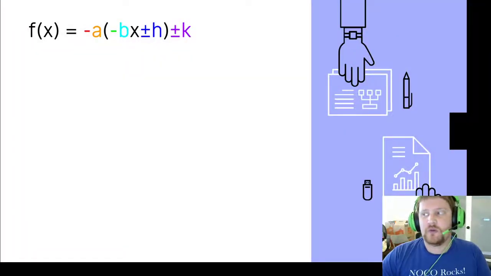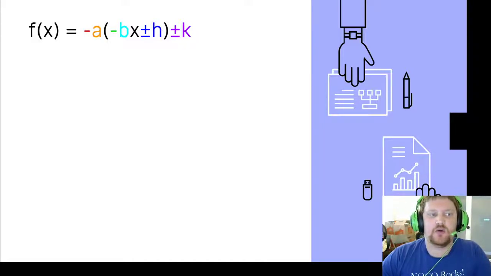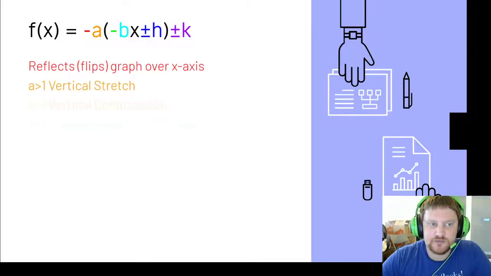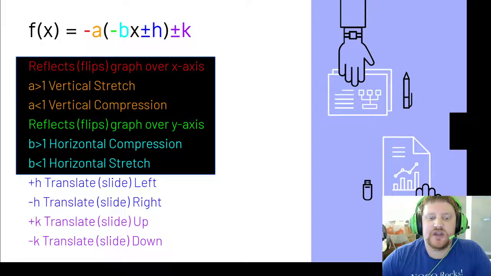Hopefully you guys will remember this slide from the previous unit where we talked about how different areas of the equation are going to change our function in different ways. If you need a refresher, go ahead and pause now, take another look at this, and make sure that you understand how each of these work.